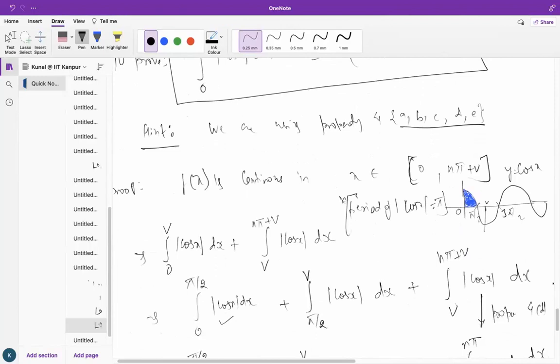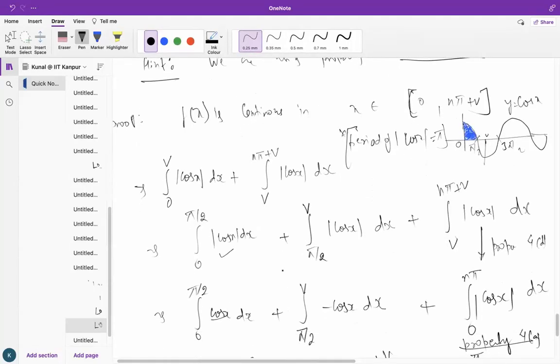Since the function is continuous, we can write, we first integrate from 0 to v and then v to n pi plus v. Then we can also write 0 to v as 0 to pi by 2 and pi by 2 to v, and then v to n pi plus v.